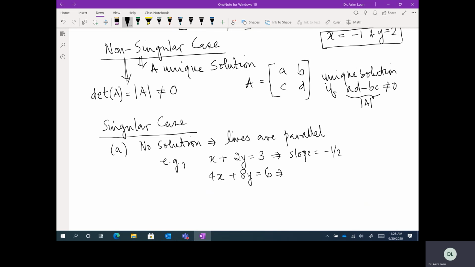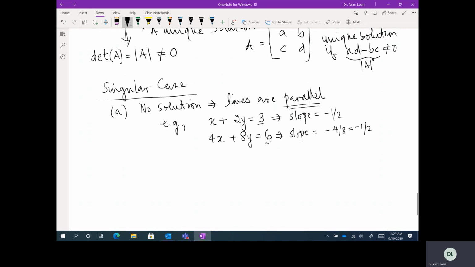What is the slope here? The slope here is also minus half, minus 4 over 8, which is minus half. So the slopes are the same, but the intercepts are different. So these lines are parallel. Whenever you multiply the left-hand side by a certain number, and the right-hand side doesn't give you the same multiple, then you say the lines are parallel. This will have no solution.